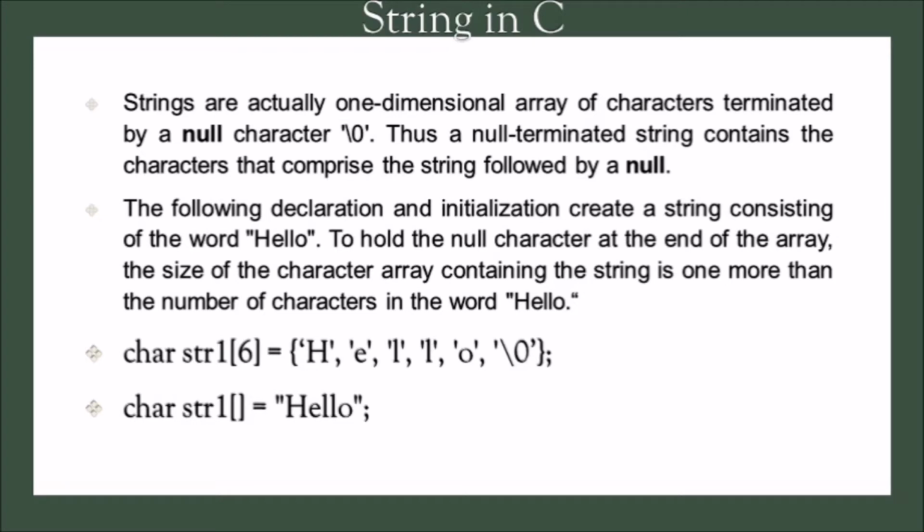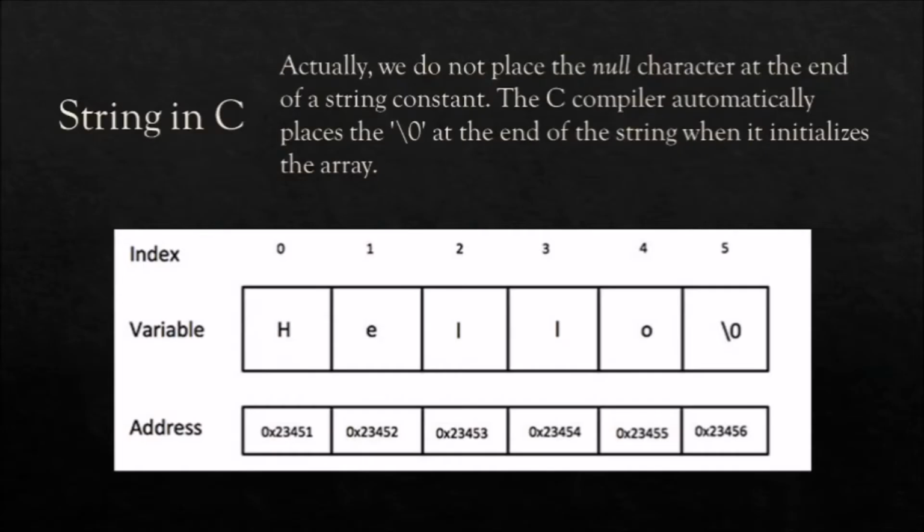Or we can directly write char str1 without defining the size of the array, and directly write hello. Actually we do not place the null character at the end of a string constant, but the C compiler automatically places the \0 or null character at the end of the string when it initializes the array.